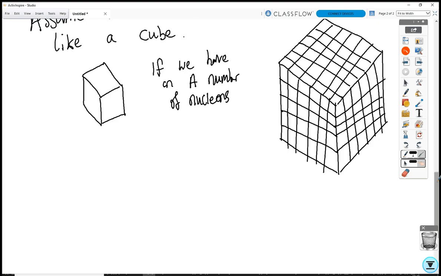So let's think about this. If one of these cubes had a diameter d, which means it's the same on all sides, then each cube has a volume V equals d cubed.